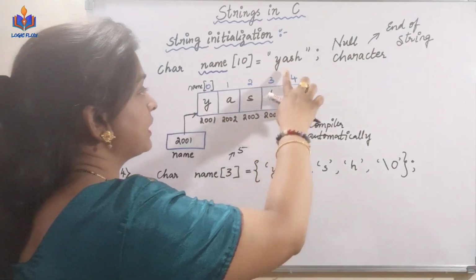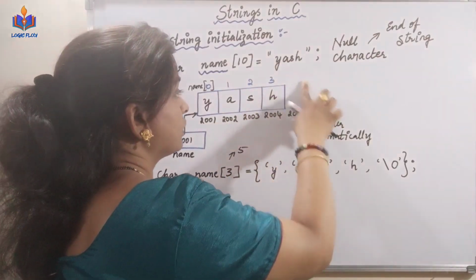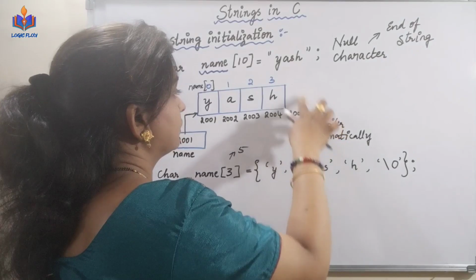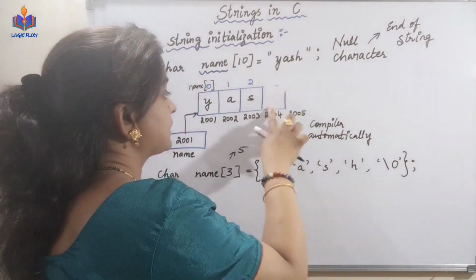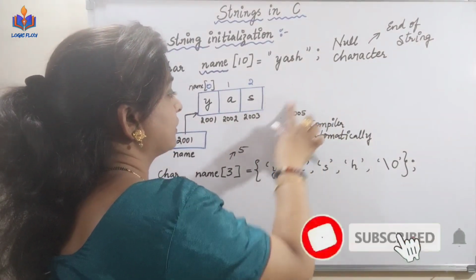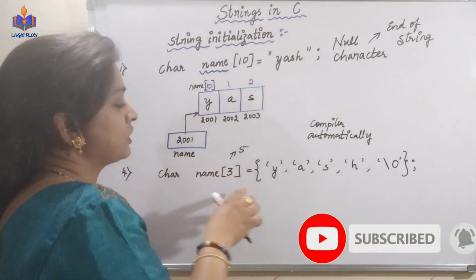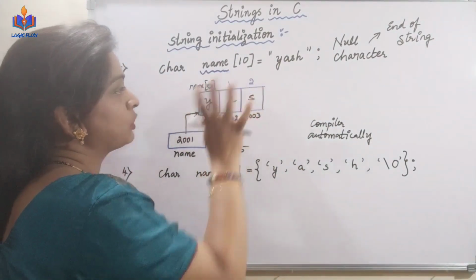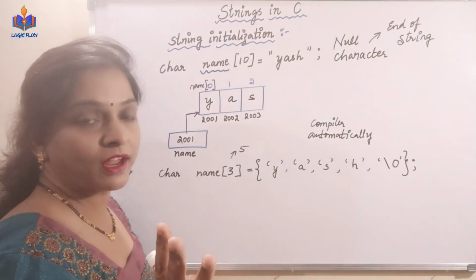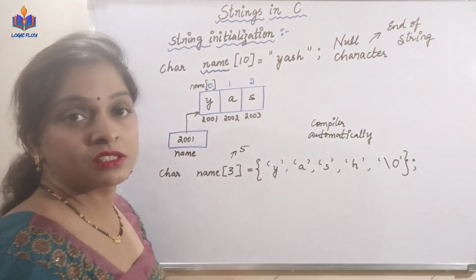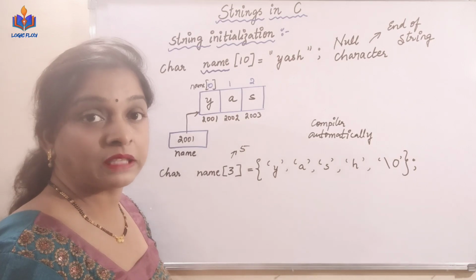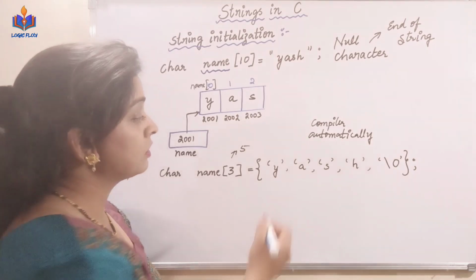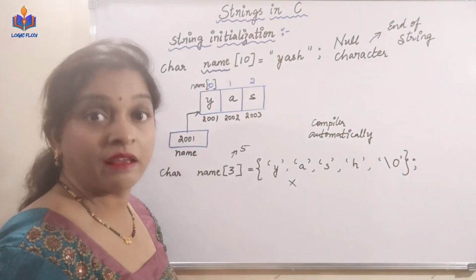So it is only up to YAS, 0, 1, 2. Only 3 bytes of memory will be allocated. What about the last character and the null character? The remaining characters cannot be stored, so here you may get an error.